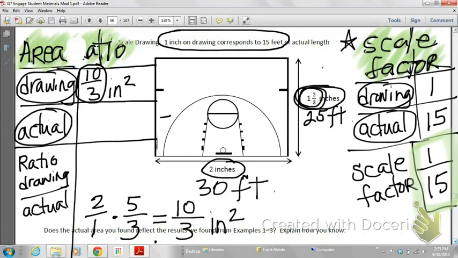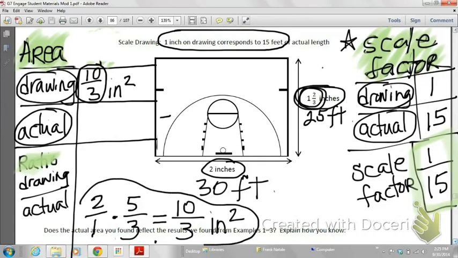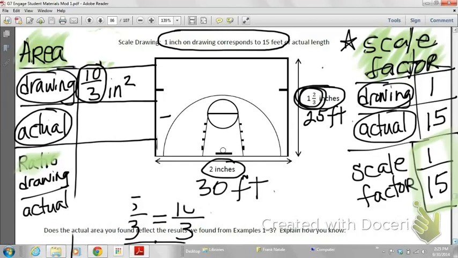We should probably take area ratio out of there, because we're actually finding area right now. The ratio down here is our ratio over here. So you can maybe pause this and write this down in your notes, because I'm going to go ahead and erase it. Okay, give you a little time there to pause, but now I'm going to erase it. All right, that's how I figured out the area of the scale drawing.